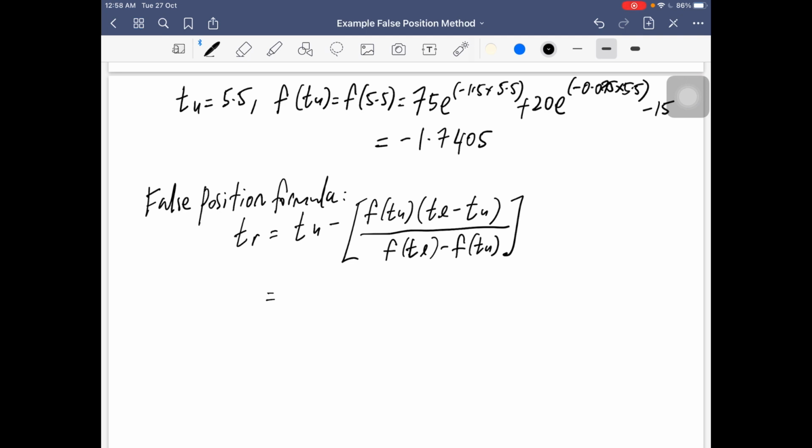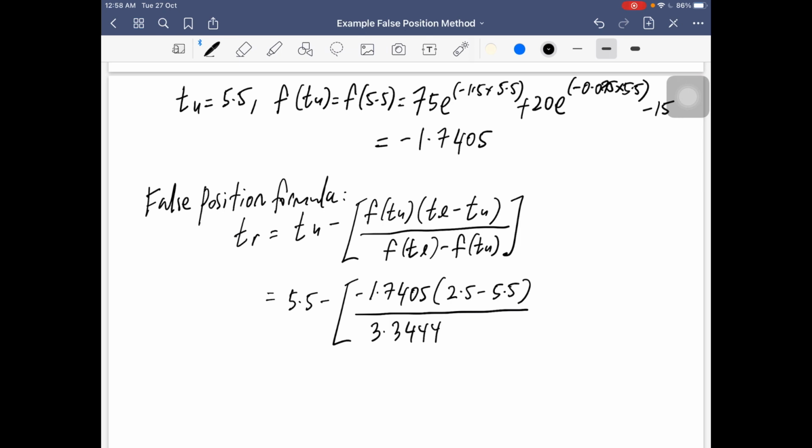We have TU 5.5 minus F(TU), which is negative 1.7405, multiplied by (2.5 minus 5.5), over F(TL), which is 3.3444, minus negative 1.7405.